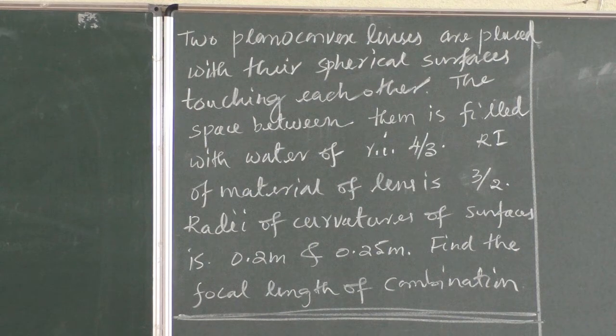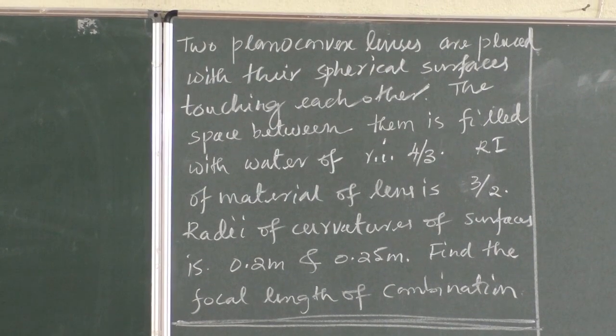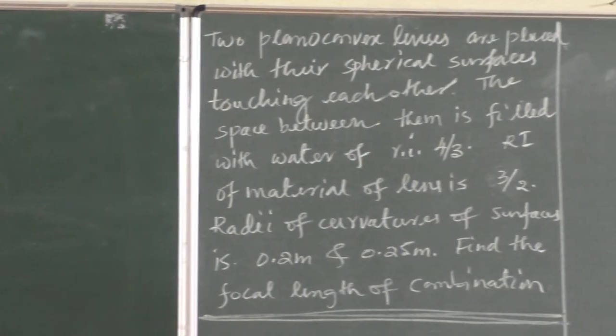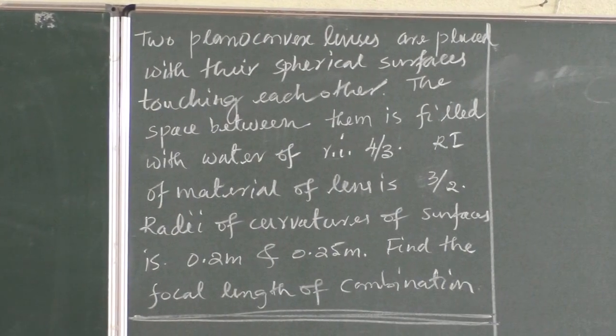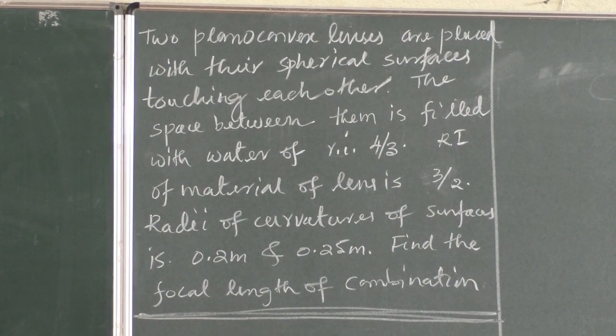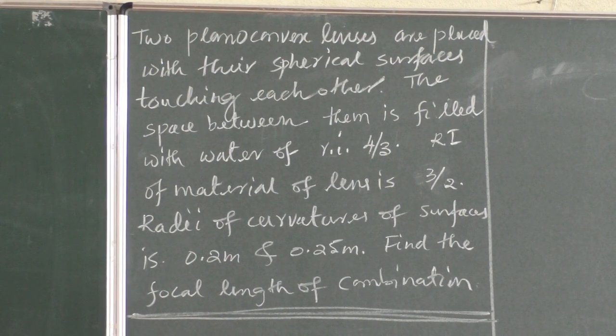Okay, so you will have plano convex lens, one side plane and another side curved. They are placed with their spherical surfaces touching each other. The space between them is filled with water of refractive index 4/3. Refractive index of the material of the lens is 3/2. Radii of curvature of the surfaces are given as 0.2 and 0.25. Find the focal length of the combination.